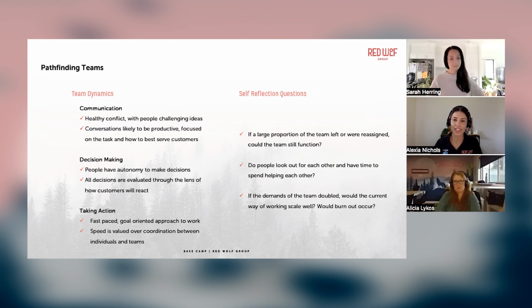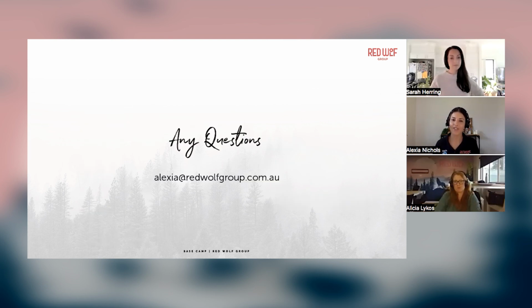So that's pretty much everything from me today. We've been able to go through the different team types. We know that there are 9. We've dug a little bit deeper into 2 specific team types, the executing and the pathfinding team. But really, when we're putting teams through the discovery function and trying to understand their formation, we want to be asking those questions around how they're communicating, how they're making decisions, and how they will take action.